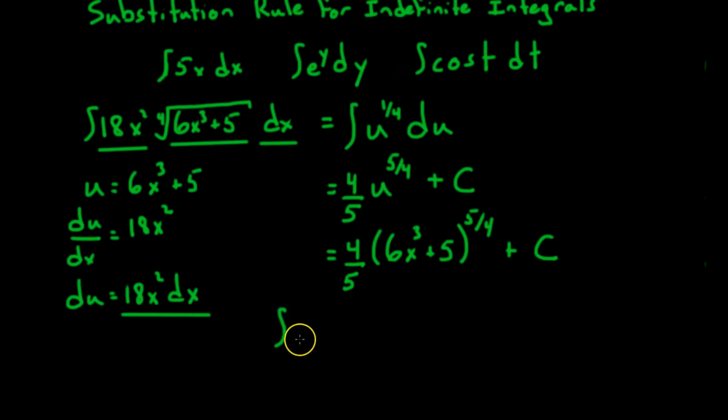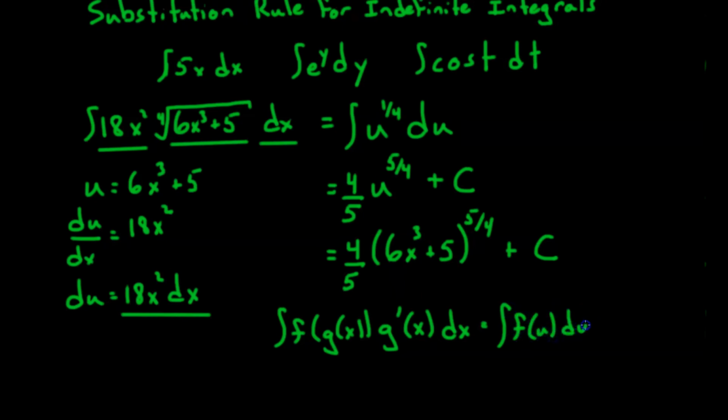So the integral of some composite function f of g of x multiplied by, if you have that derivative g prime of x dx, is going to equal the integral of f of u du, if u is equal to the function g of x.